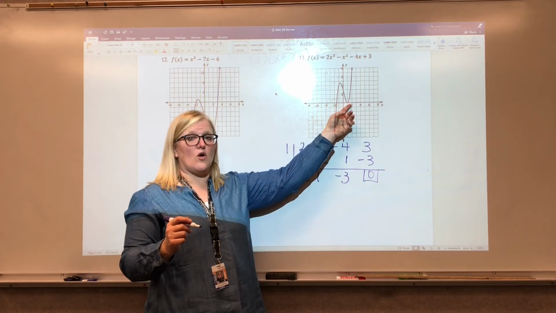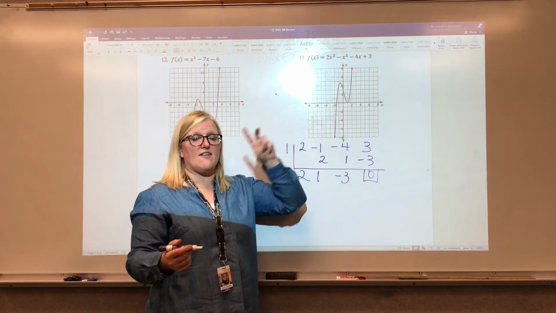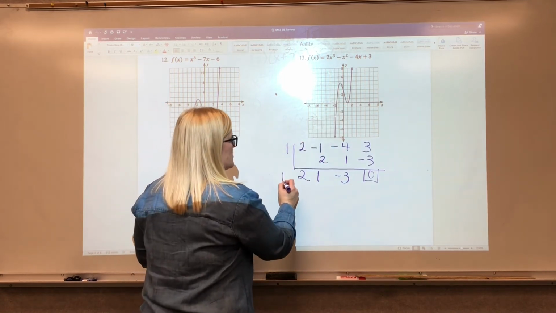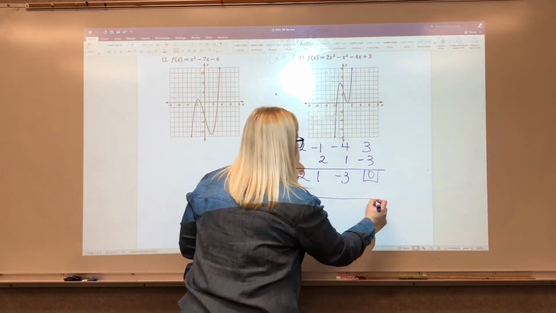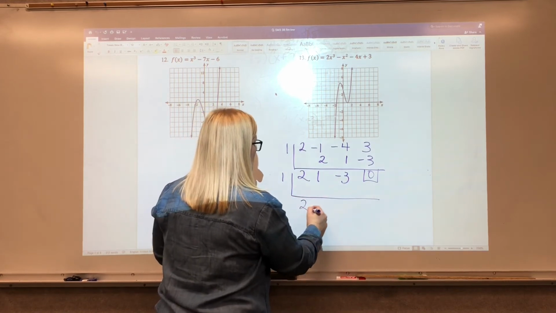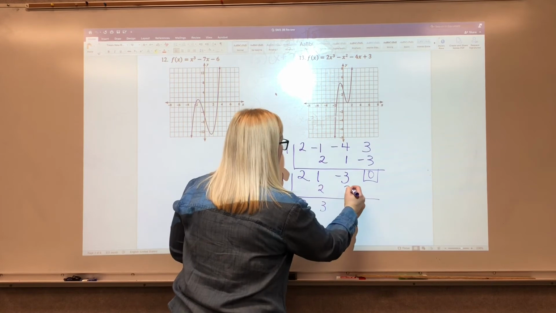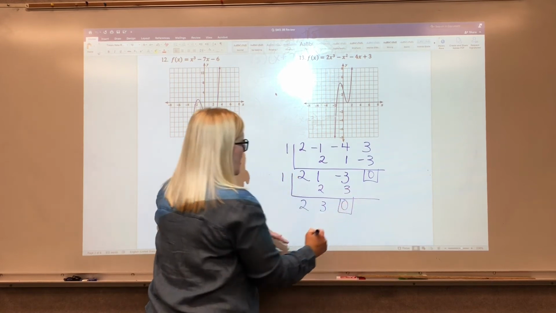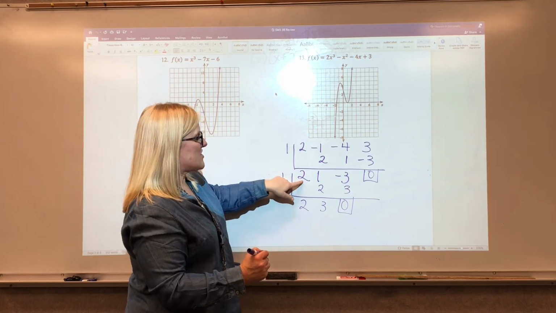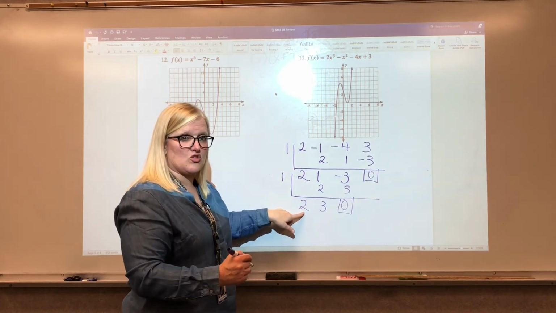Now I also know that 1 is another root. I have 1 twice because it bounces. So I'm going to use synthetic division again to whittle it down even more. So this is 2, 2, 3, 3, 0. And so now this was my x cubed. This was x squared. So this is just going to be 2x.